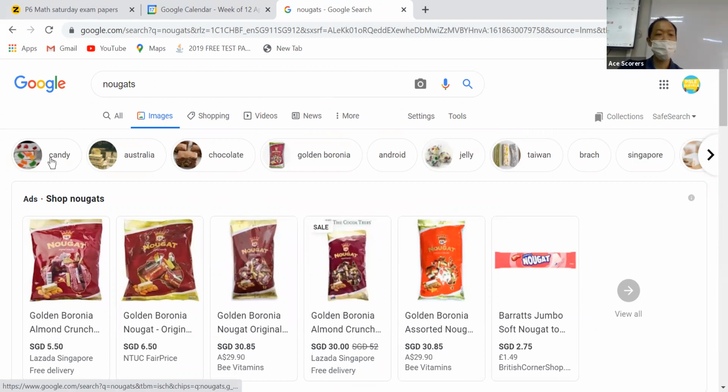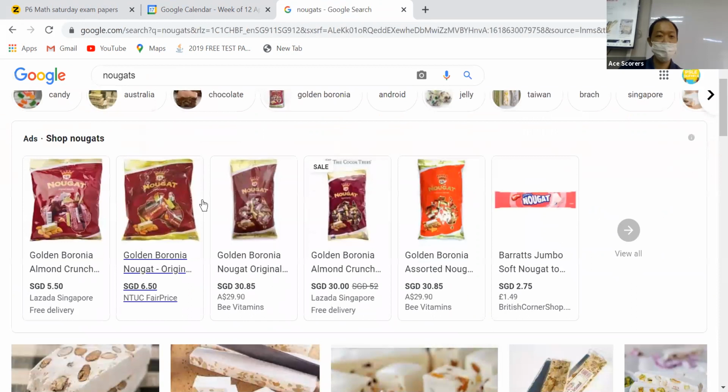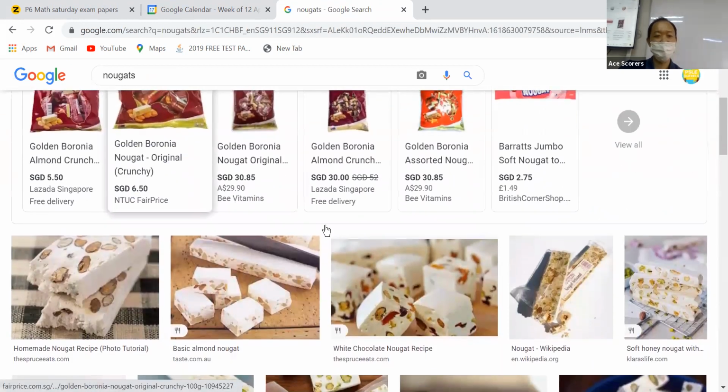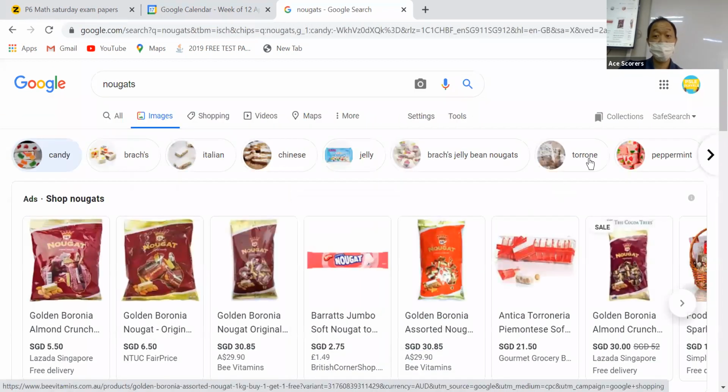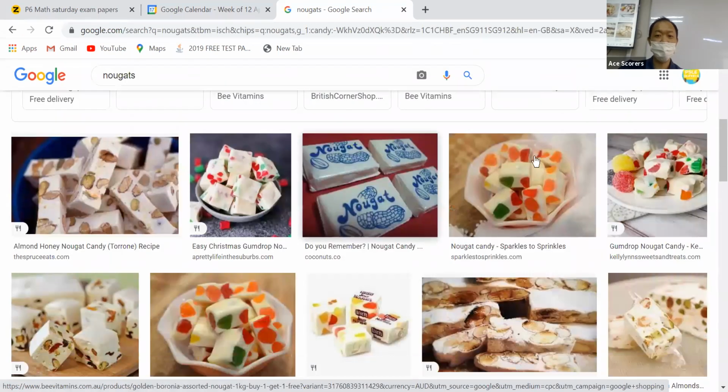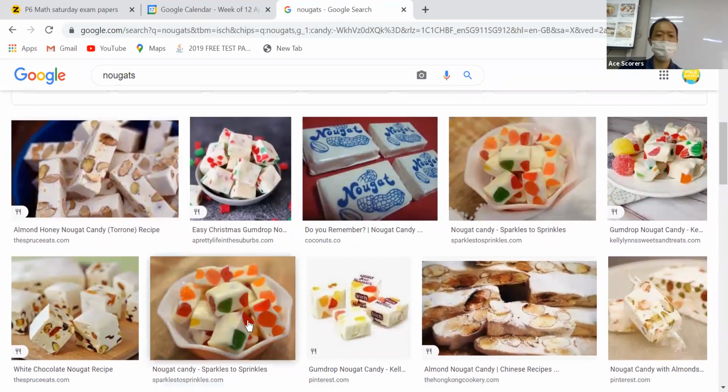Oh, inside is all jelly. This is just sugar. It's everything sugar. I say just take sugar and eat.